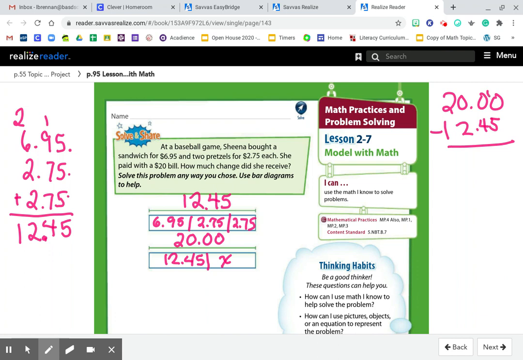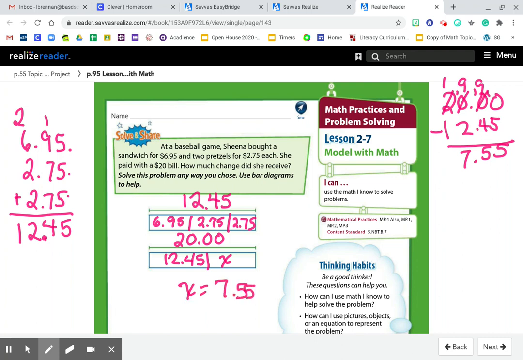We can't take 5 away from 0. So we're going to have to start doing some borrowing here. So 10 minus 5 is 5, 9 minus 4 is 5, 9 minus 2 is 7, and 1 minus 1 is nothing. So we know that our change is $7.55.